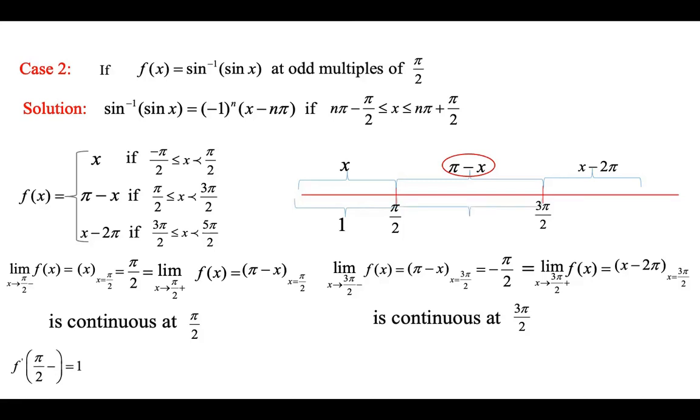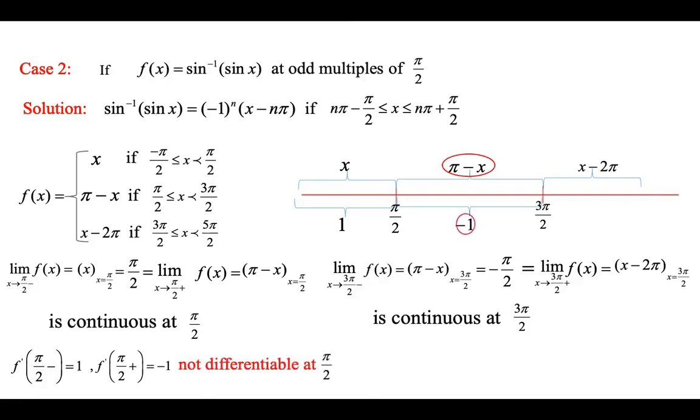And the right derivative at pi by 2 is given by the derivative of pi minus x, which is minus 1. Therefore the right derivative at pi by 2 is minus 1. Here at pi by 2, the left derivative is plus 1 and the right derivative is minus 1. Therefore the function is not differentiable at pi by 2.